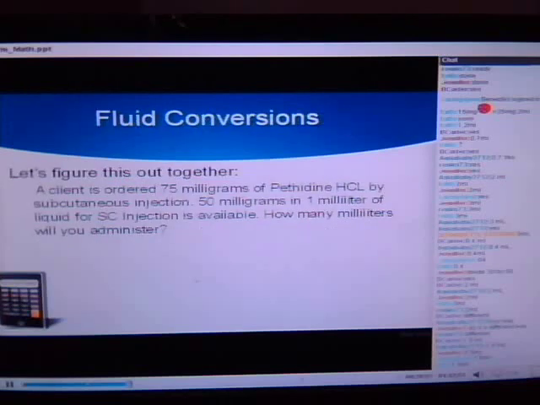Let me tell you a little NCLEX alert here. If the NCLEX is asking you how many milliliters per kilogram, or something like that, don't just write 1.5 and leave your fill-in-the-blank answer like that, okay? You have to write 1.5 mLs per kg. That's an NCLEX alert.